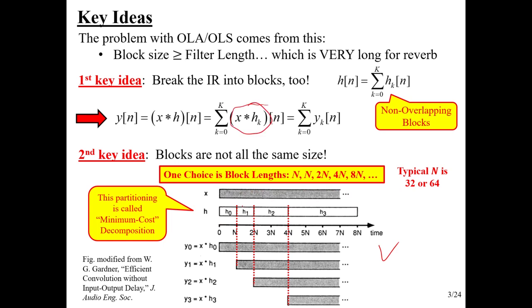Remember, this H1 has some zeros out in front. So when we start convolving that with the x, just think about flipping x and sliding it. We have to slide it n samples before it even starts interacting with that. So this first y1 isn't going to start until n, and the y2 won't start until 2n, the place where h2 starts, and so on. That's a good view to keep in your mind.